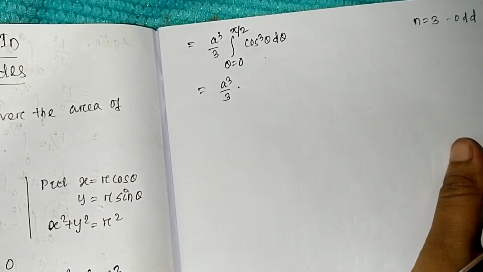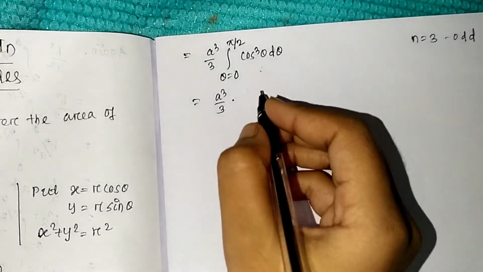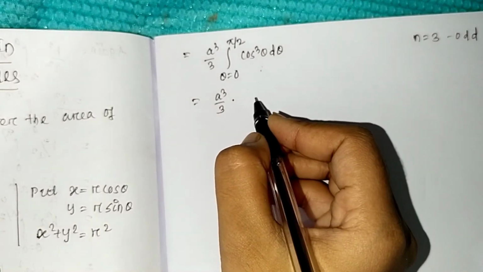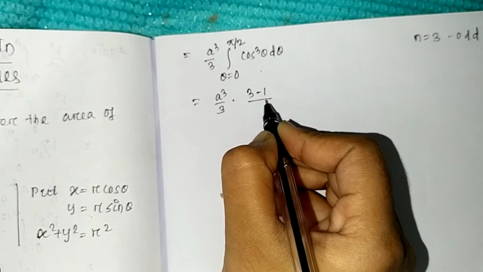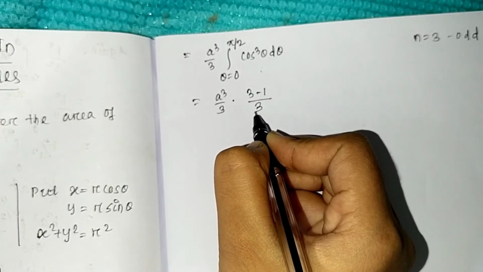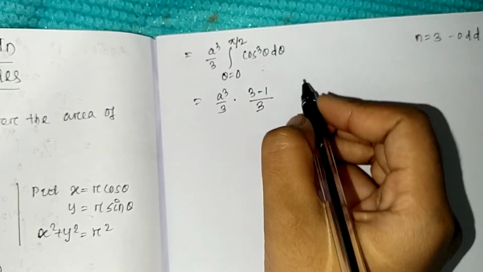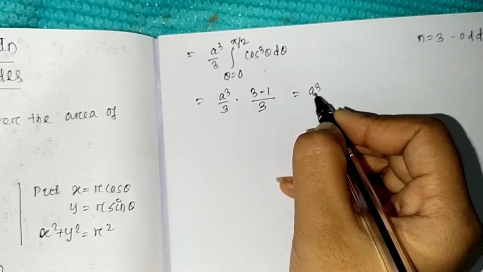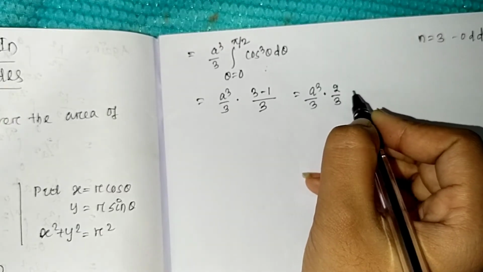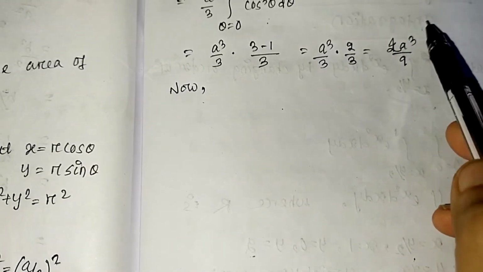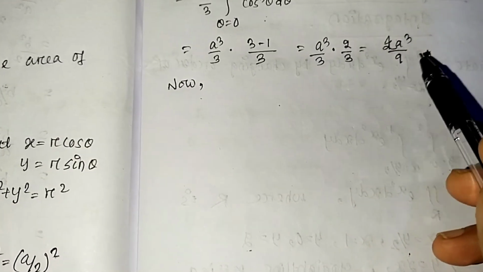So that will be 3 minus 1 divided by 3. That is equal to a cube divided by 3 into 2 by 3. So that is 2a cube divided by 9.